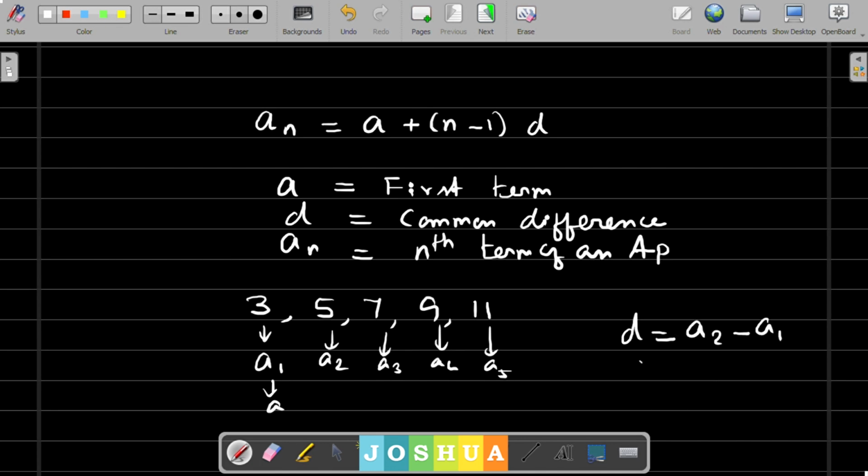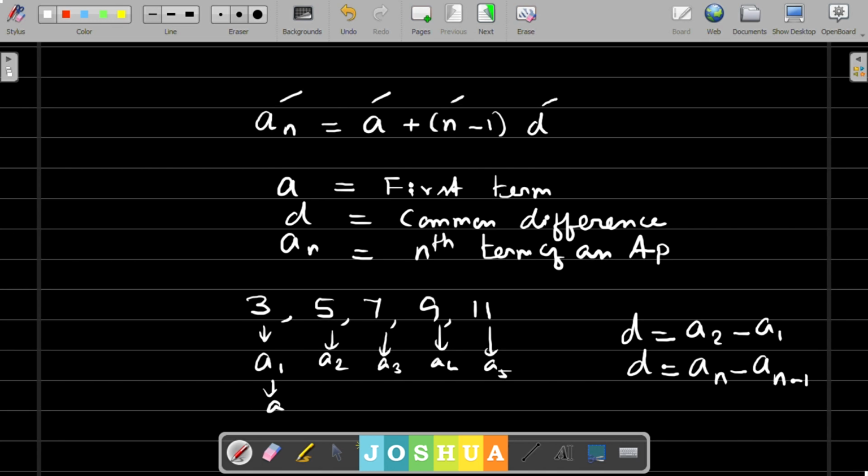So d is equal to a2 minus a1, or it generally says d equals an minus a(n-1). Here n can be any value. If n is 5, then d equals a5 minus a4. If n equals 10, then d equals a10 minus a9. There is a logic here. So this way we can find d.